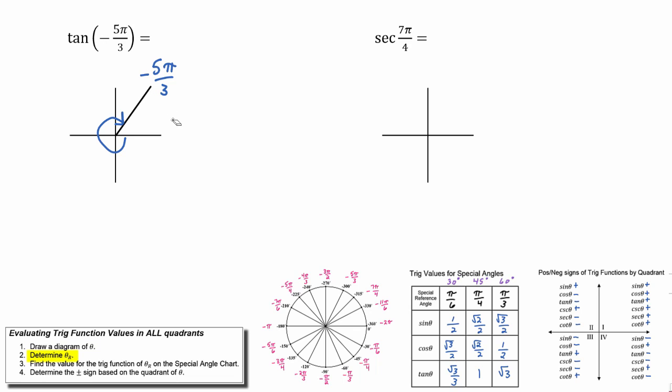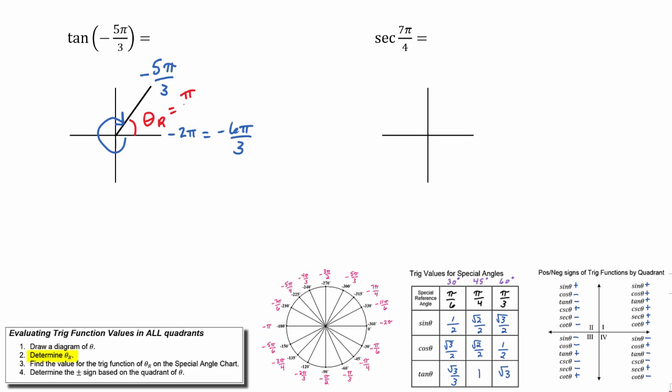We know that the nearest x-axis would be here at negative 2 pi, which is negative 6 pi over 3. So our reference angle is going to go from negative 5 pi over 3 to negative 6 pi over 3, which of course is 1 pi over 3.